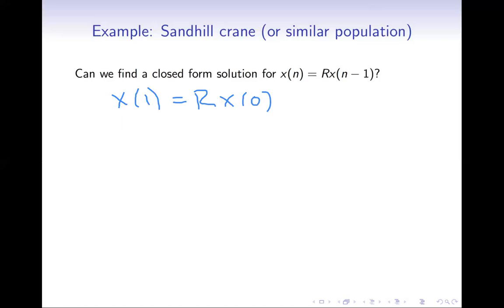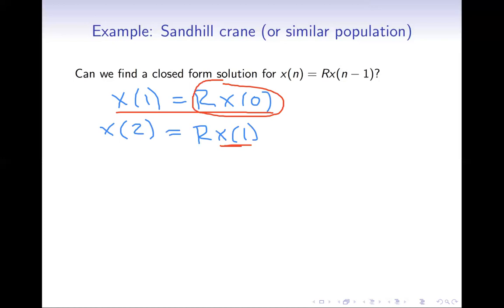Okay, well, what about x of 2? The model tells me that's R times x of 1. And as it turns out, I computed x of 1 above, right? So I can actually plug in the right-hand side of this top equation in for x of 1.